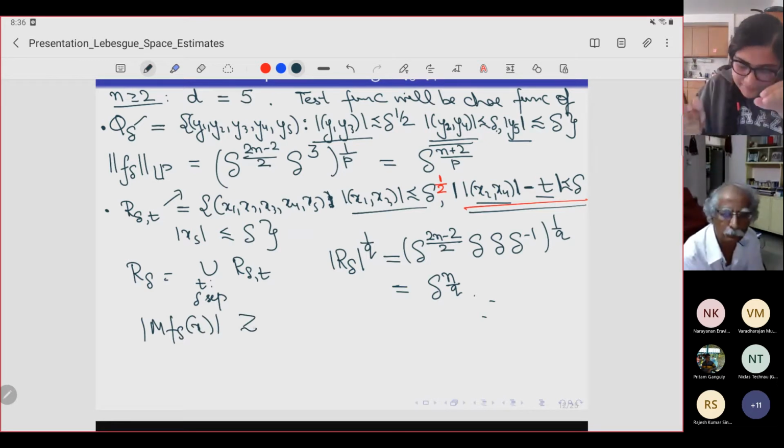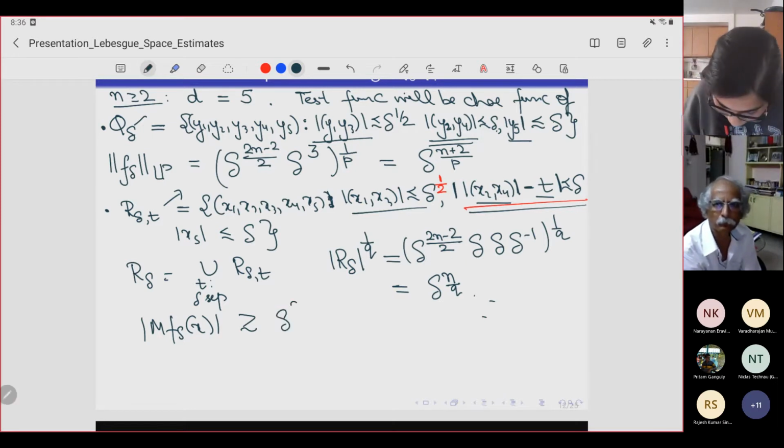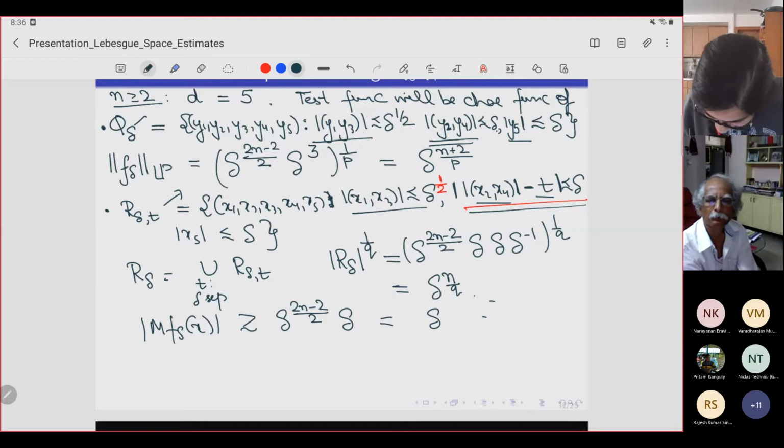It will catch a NAP type cap, which is of delta to the power 1/2 radii in 2n minus 2 directions, but delta in this one direction. So it's delta to the power 2n minus 2 over 2 times delta. So this is equal to delta to the power n again.